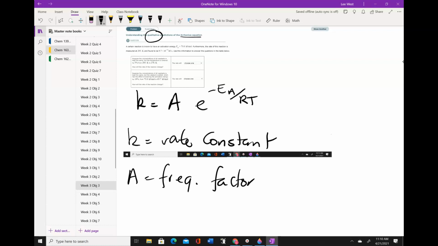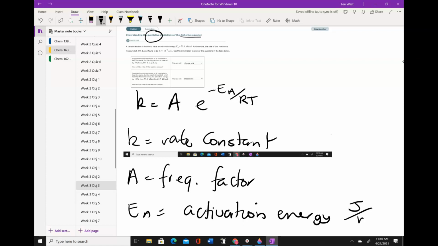So if you have super complicated reactants that have to align just so, then your frequency factor is going to be pretty low. If you have really simple molecules that, when they collide, have a very high probability of being oriented correctly, then your frequency factor is going to be big. Okay, and now we've got some terms that we've seen before. Ea is your activation energy, the energy needed to get to the transition state.